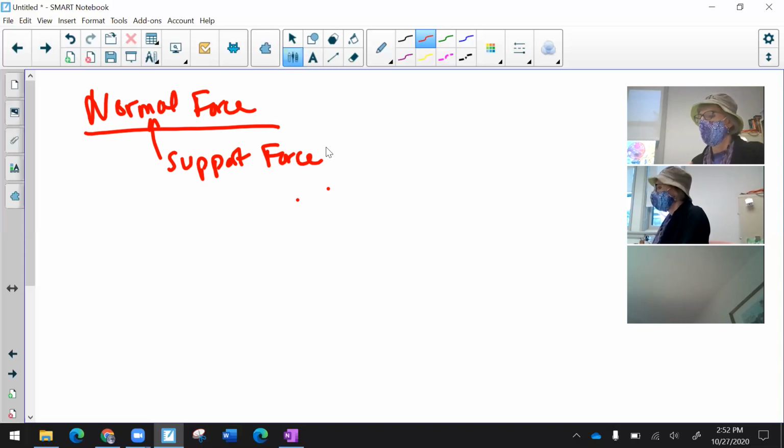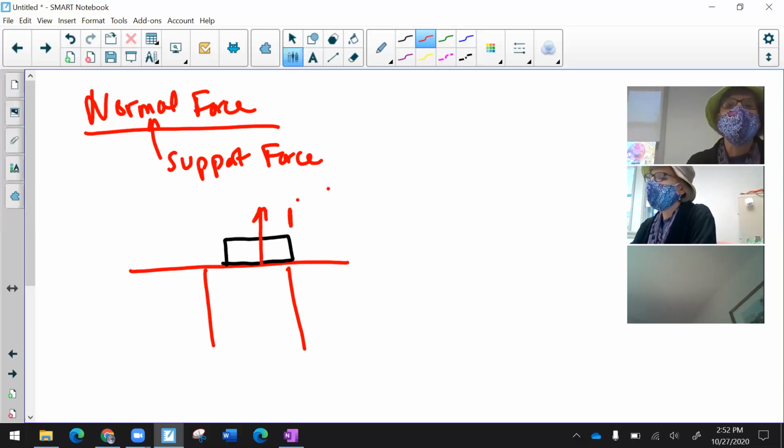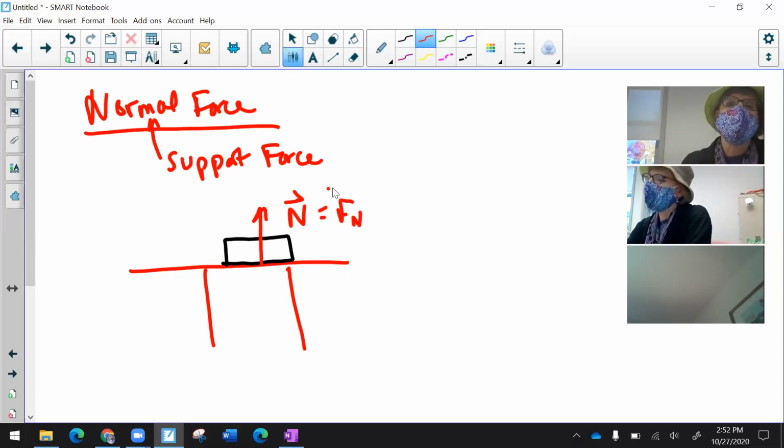So if I have some kind of table or surface, and I have a box on there, that table is going to exert a force that we call N. Some books will call it F sub N.